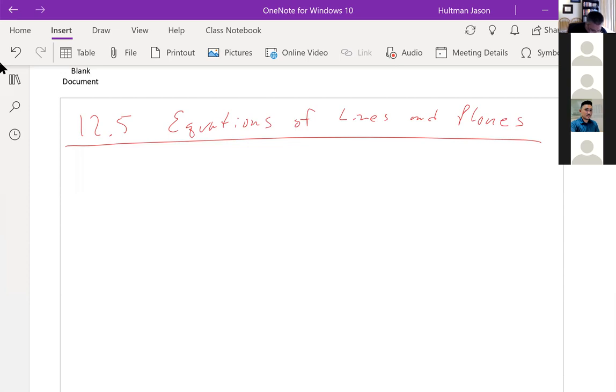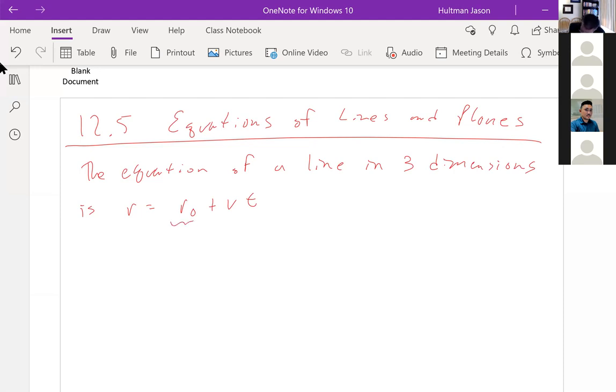The equation of a line in 3 dimensions is R equals R naught plus VT, where R naught is a vector and V is a vector, and T is a scalar.